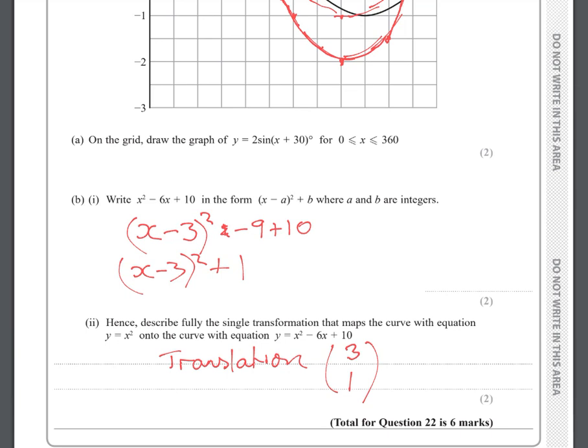That needs a bit of explaining. I think probably best, if you're not sure about that, go and look that up. So this is the amount that the x moves, but it goes in the opposite direction to what you would expect. This is the amount of direction that the y moves. Okay.